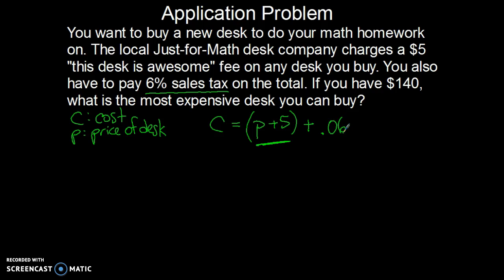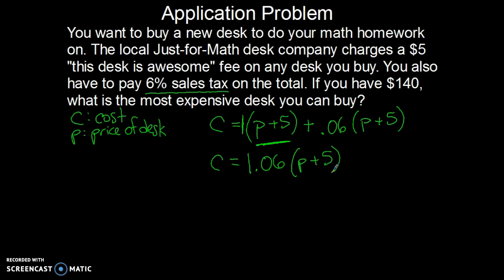So 6% of our total so far is going to be 0.06 times P plus 5. We can also, to make this a little simpler, think about this as 1 times P plus 5, and this is 0.06 times P plus 5. So we can simplify this to 1.06 times P plus 5.